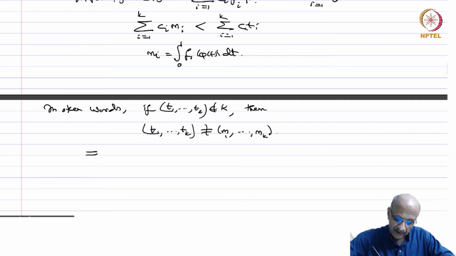So this implies that M1 to Mk must belong to K.